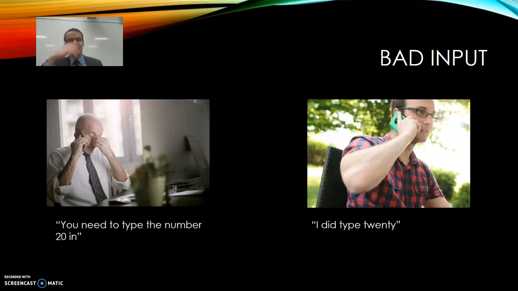And then on the other end, the other guy is saying, yeah, no, I've typed the number 20 in, TWENTY. And that's why we need to validate the data and make sure that the data is good. The ATM obviously has an interesting way of doing this. You can't type the letters in for 20, but on a computer you could. So it presents an interesting issue there that needs to be validated.